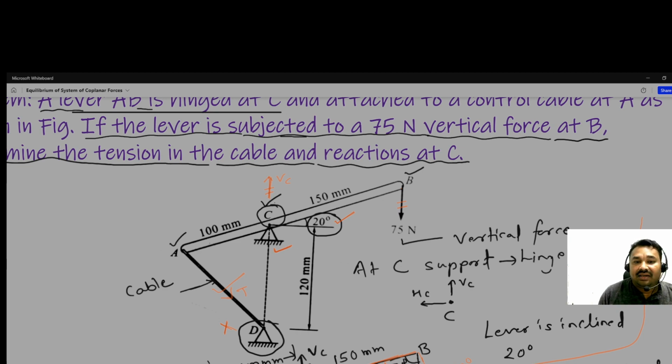And what are the unknowns? Obviously we got this from the calculation, 70 degree, and parallel to this line, that is how T is inclined. So this angle we have taken alpha, that's why this will also be alpha.